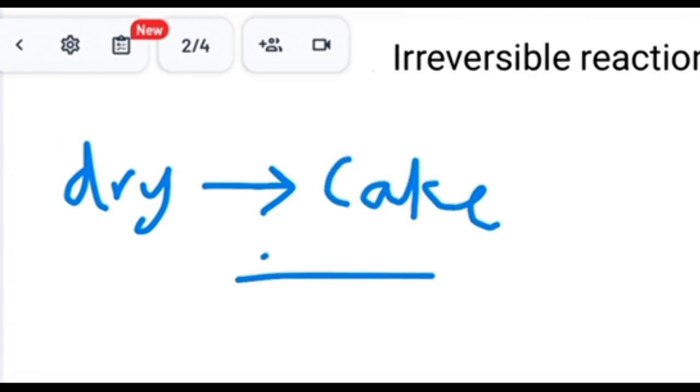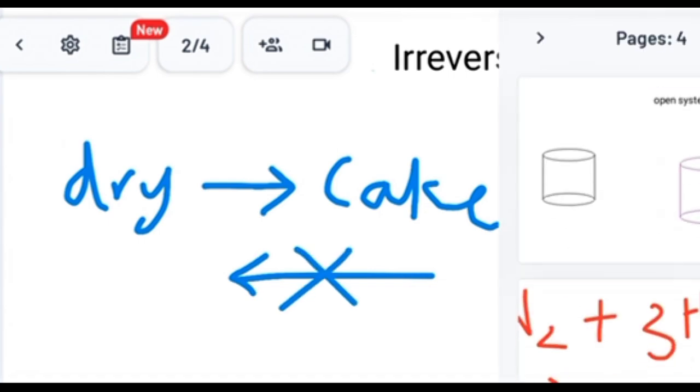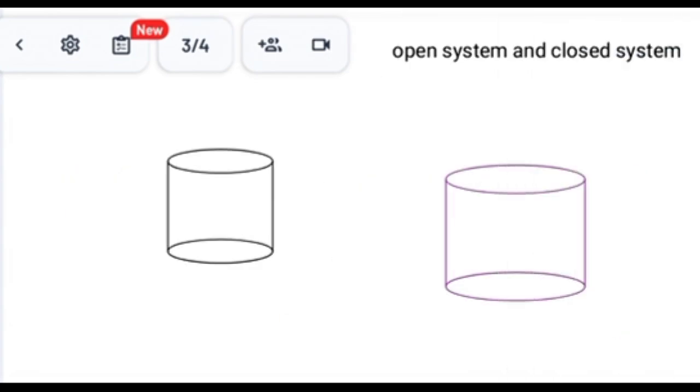Okay, and now we will do open system and closed system, since it's related to reversible reactions and irreversible reactions. So we have two systems going on, two containers. Okay, these look like containers, and one container is closed. Okay, so the black one, the one I'm coloring right now, is a closed container, and the purple one is an open container.